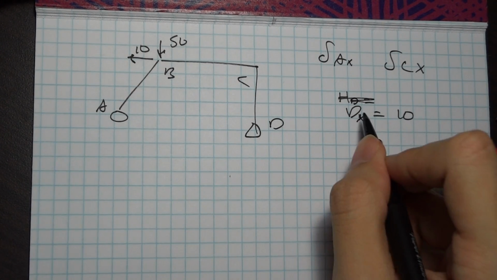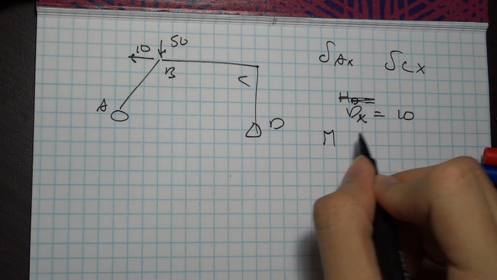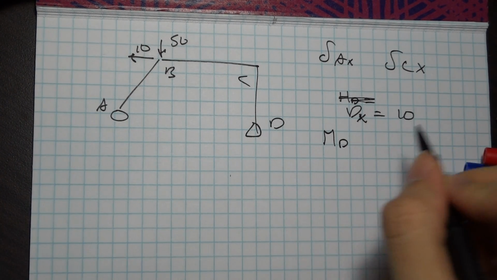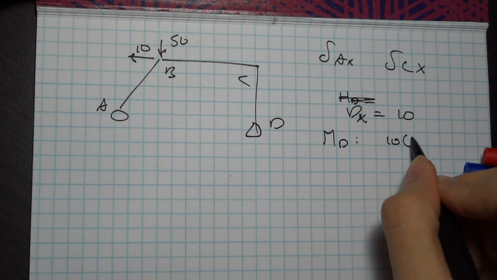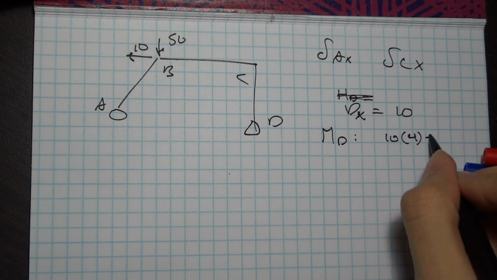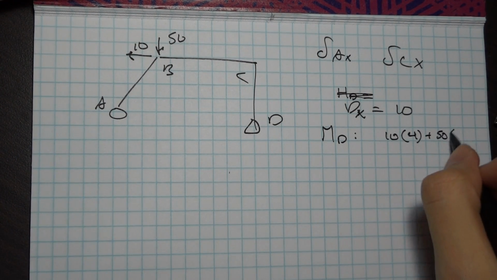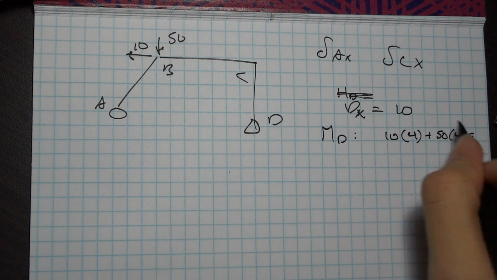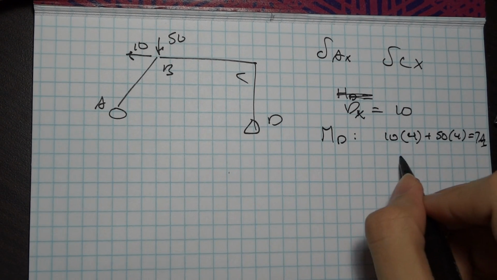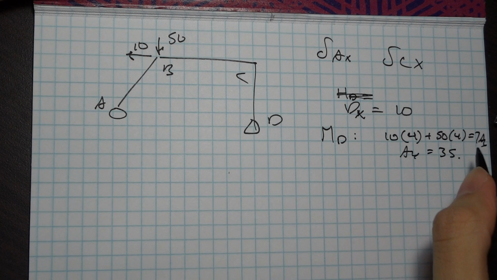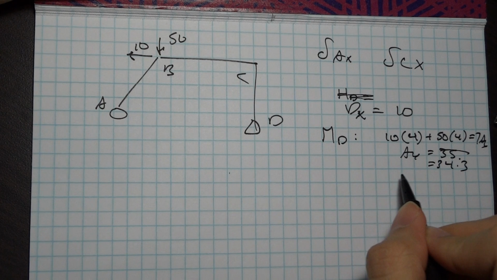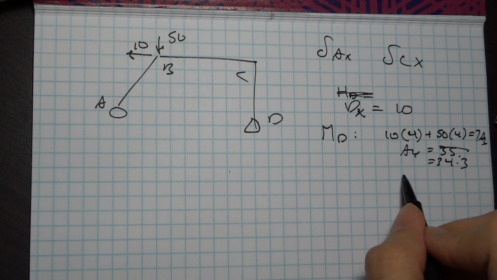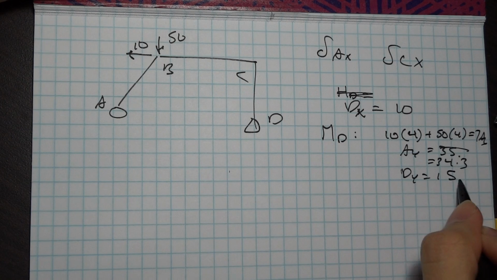And if we do moment about D, we have 10 times 4, I think it's 4, plus 50 times 4 equals 7 AY. And we should get AY equals 34.3, and we should get DY equals 15.7.